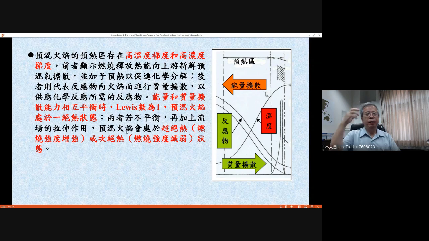This is an idea coming from the one-dimensional model, but when you put this model into a real situation, for example the opposed jet flow, the jet flow or stagnation point flow, or even a flame propagating in a stagnant environment, you will find the flame is not one-dimensional. It will experience movement, and the flame surface will change along the axial coordinate for jet flames.